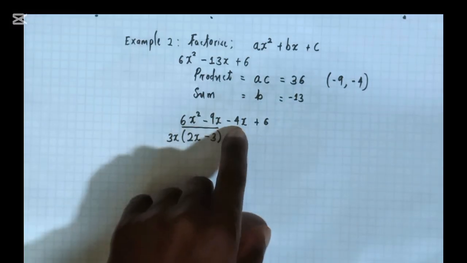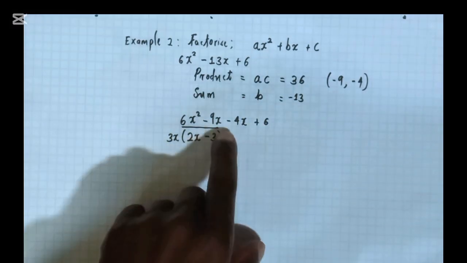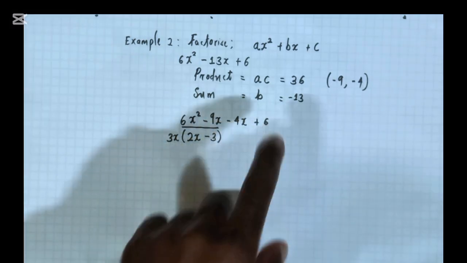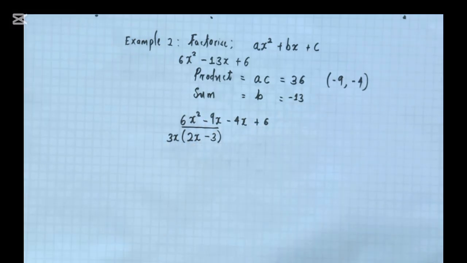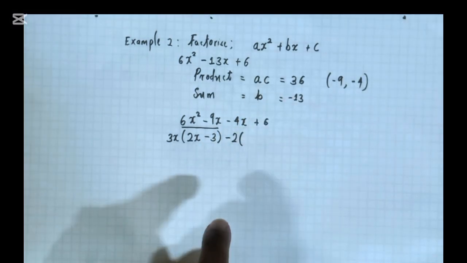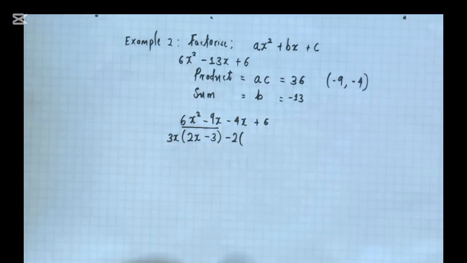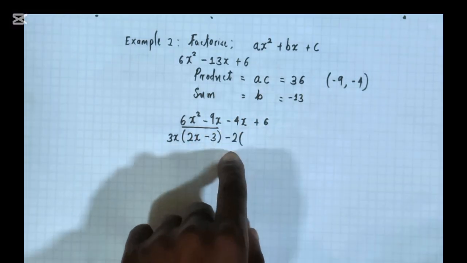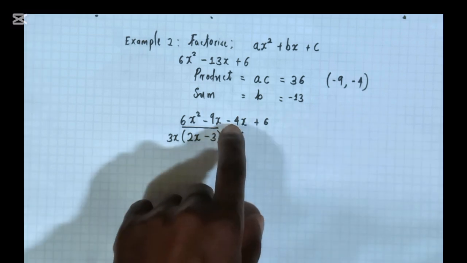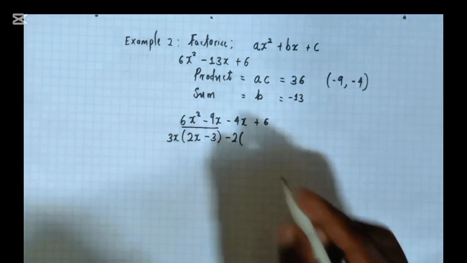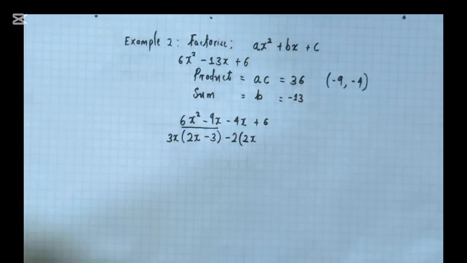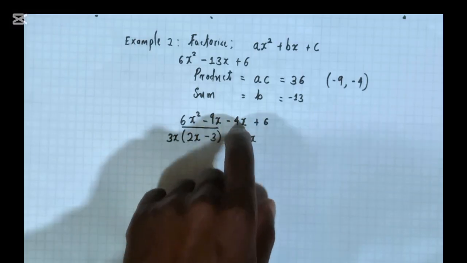All right, so we are going to look at the coefficients then. We have negative 4 and we have 6. What do you know as the GCD of negative 4 and 6? That will be negative 2. So negative 2 will be the GCD of negative 4 and 6. When you take negative 4x divided by negative 2, that is basically like negative 4 divided by negative 2, so you're going to have 2x.